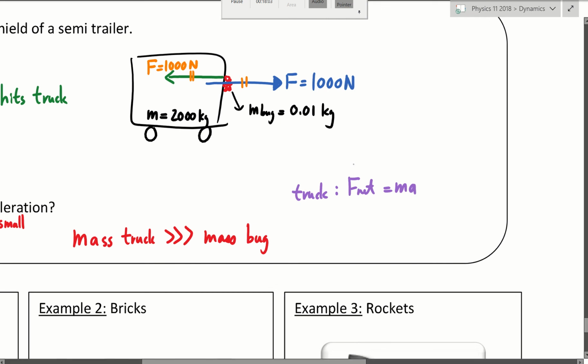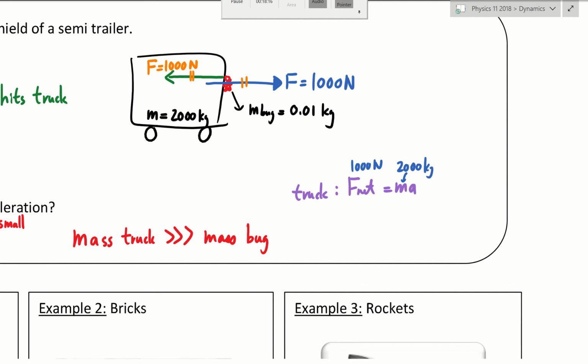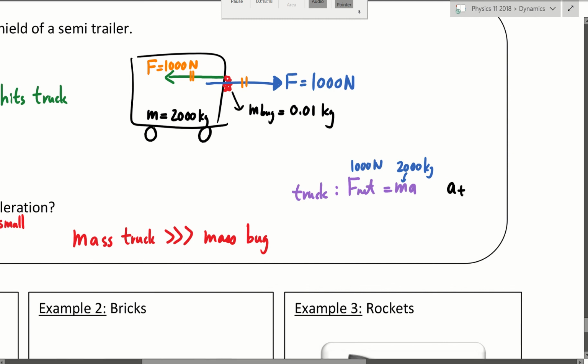Then you put 1,000 Newton here, and then 2,000 kilogram in the location where the mass is. Now, how do you get acceleration? You divide both sides by 2,000, right? So the acceleration for the truck is going to be about, let's say, 0.5 meter per second squared.